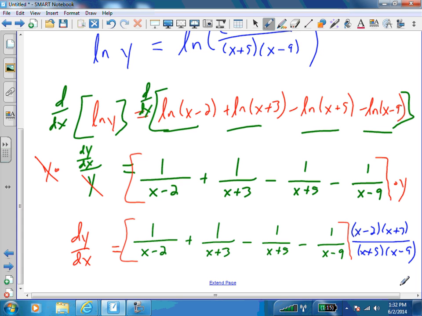We didn't have to do a product. We didn't have to do a quotient. We took a little bit more time with algebra, but I guess it just depends on what you'd rather do. Would you rather spend a little bit of time making things easier so that when we take the derivative, it's just a straightforward derivative, or would you just rather go ahead and jump in there, not have to do any extra steps, but have a more complicated derivative?